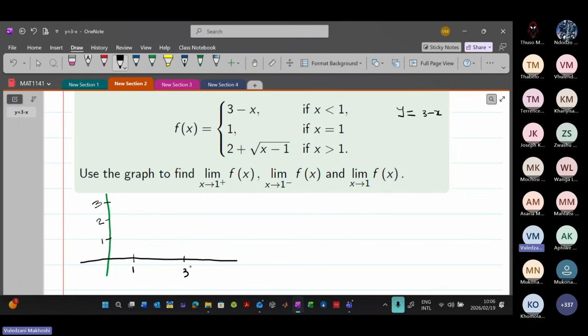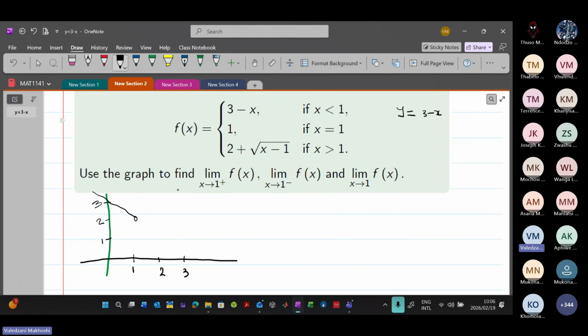Let me say this is a 3. Then a 2 will appear in between here. So we are interested in y equal to 3 minus x for values of x which are less than 1. 1 is here. So we will be interested in values of x on the left-hand side of 1. So the graph will look like this. This is a straight line going like that.